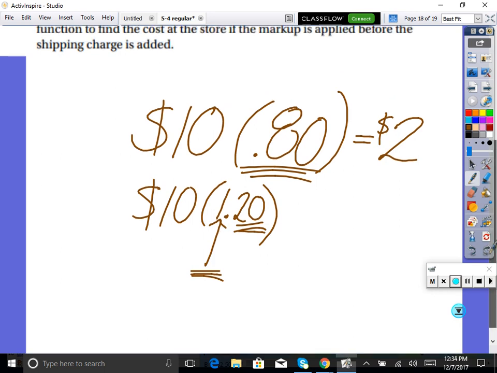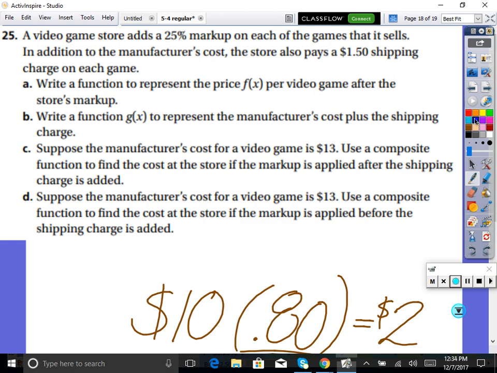All right, so everybody, let's read this problem. And if any of you go into business, this is exactly what you're going to be doing. So everybody listen. Don't talk. It says a video game store. So you all pretend like you're opening up a video game store. When you're opening up a video game store, you have to go out and purchase all the video games, right? But now you're going to want to sell those for more than what you paid. So let's call X the cost of the video games for us as business owner.